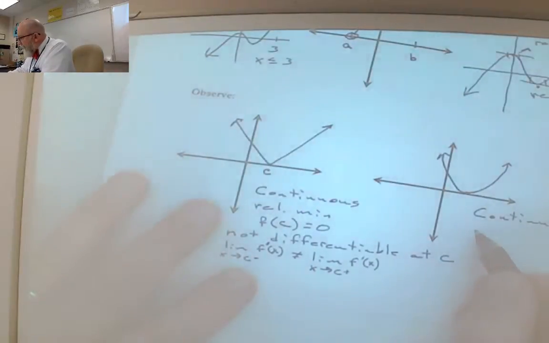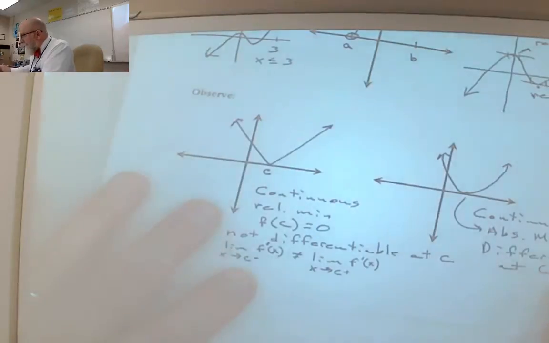I'll say it has absolute min this time. It is differentiable. Why is it differentiable?